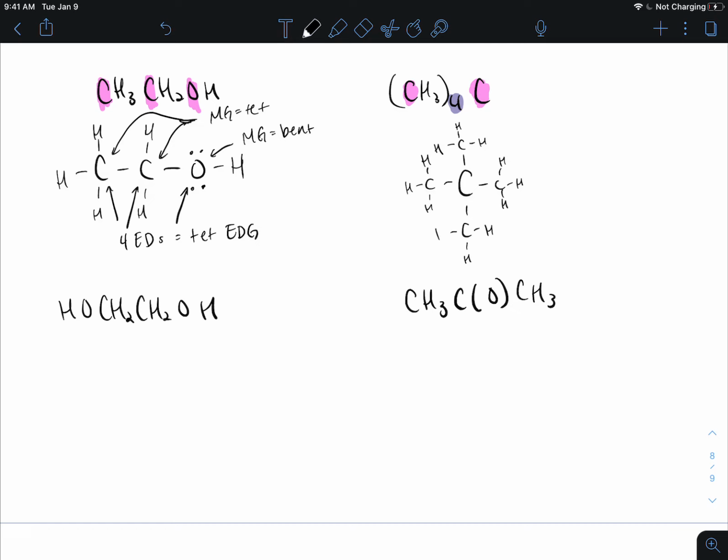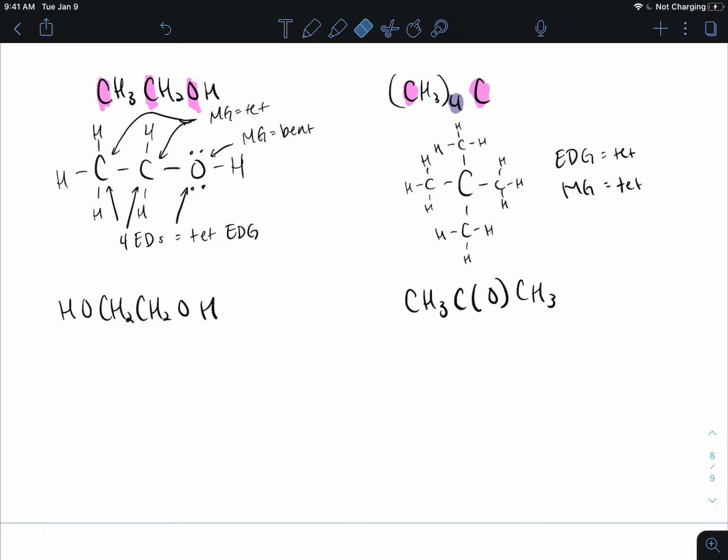There we go. And every single one of these carbons is a central atom. They all have 4 electron domains, and they have no lone pairs. So our electron domain geometries are all tetrahedral. Our molecular geometries are all tetrahedral. And all the bond angles are 109.5.